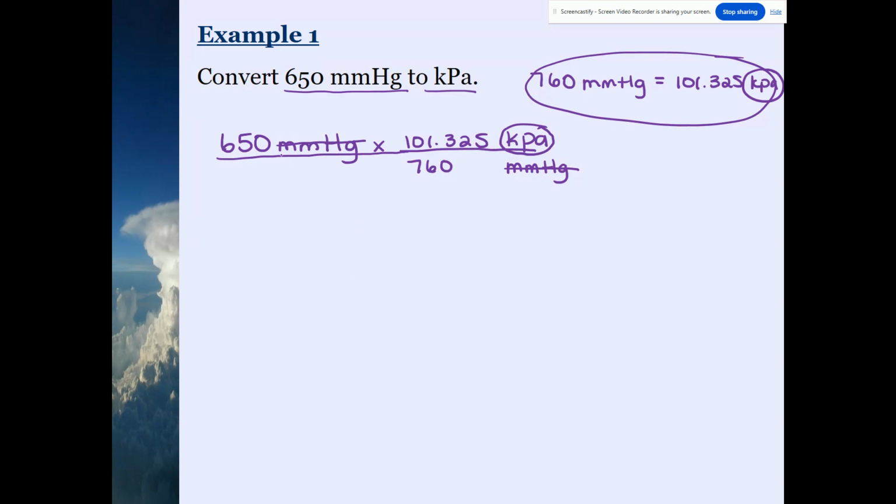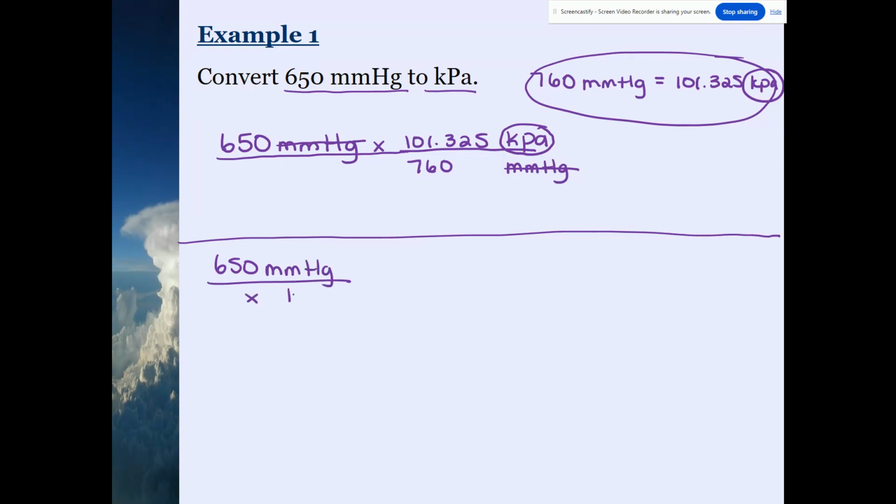So what I'm going to be doing then is taking 650 millimeters of mercury, multiplying it by 101.325, and then dividing it by 760. Okay, that's the dimensional analysis way that you can do it. The other way you can do it is you can say, if I have 650 millimeters of mercury per X kilopascals, I don't know how many kilopascals that is, but I know that when I have 760 millimeters of mercury, there is 101.325 kilopascals.